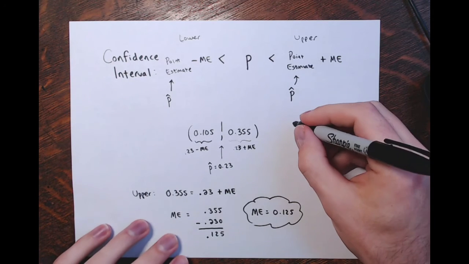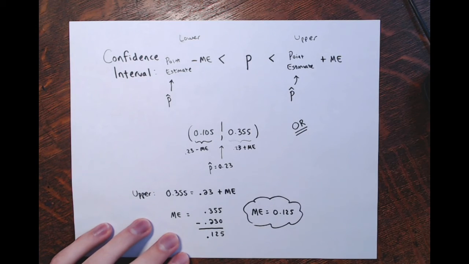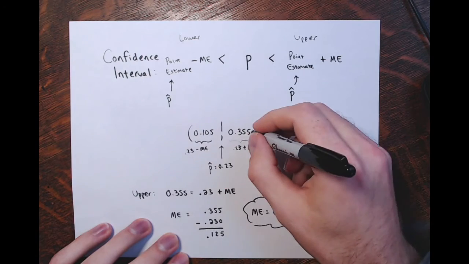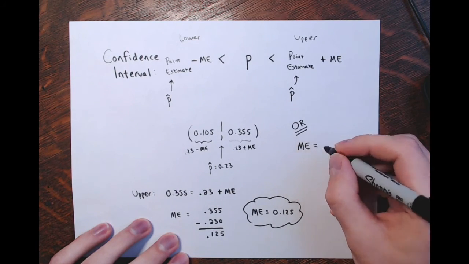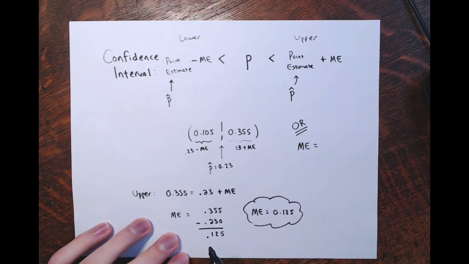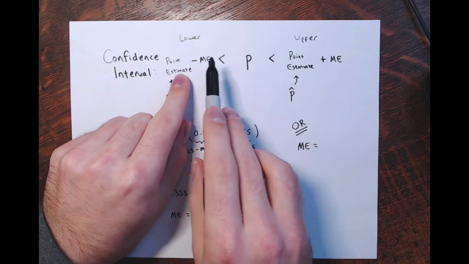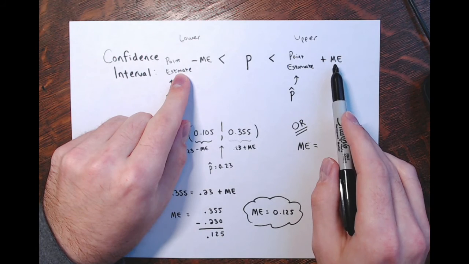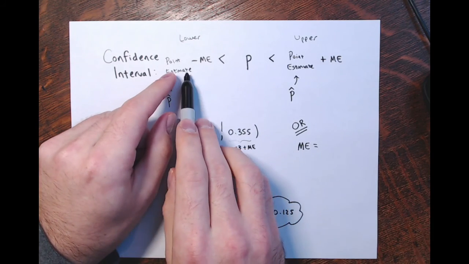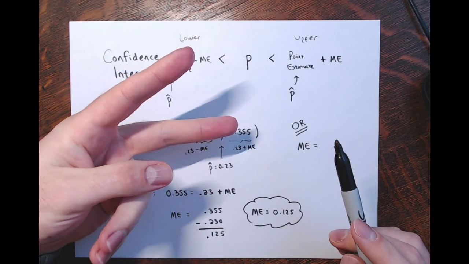Now, you could have also done this. If you know the upper bound and lower bound, the margin of error is just half the length of the interval. Because if you go from the lower bound to the upper bound, that'd be adding the margin of error to get to the middle, and then adding the margin of error again to get to the top. So to get from the lower bound to the upper bound, you're adding 2 margins of error.